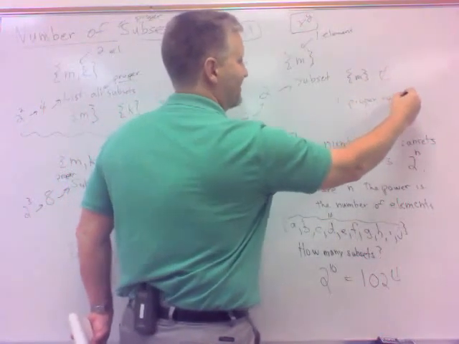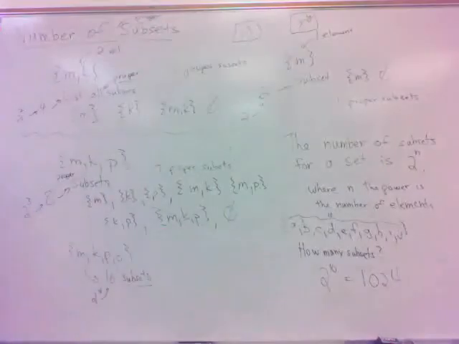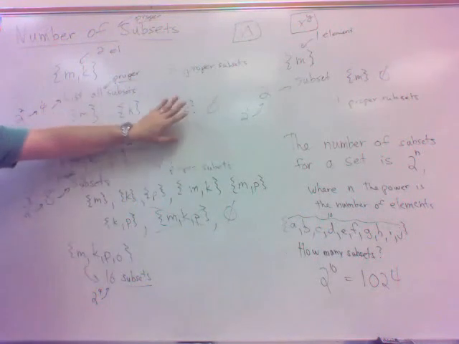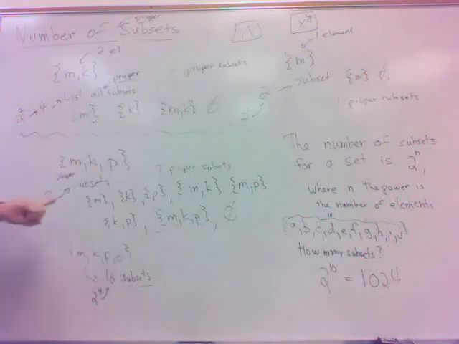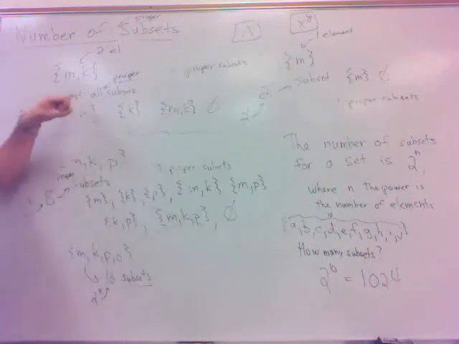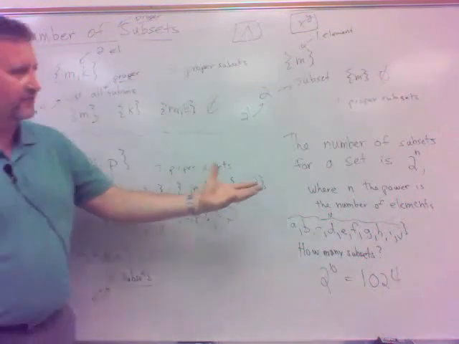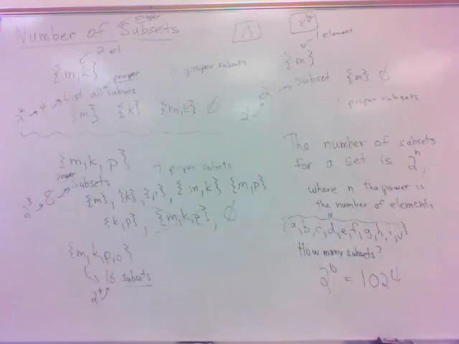What's going on here? Well, all it comes down to is we lose 1 set, right? This one's a subset, but it's not a proper subset. So there's 8 subsets here, but only 7 proper subsets. There's 4 subsets, but only 3. So what's the story? The number of proper subsets is always what to the number of subsets?